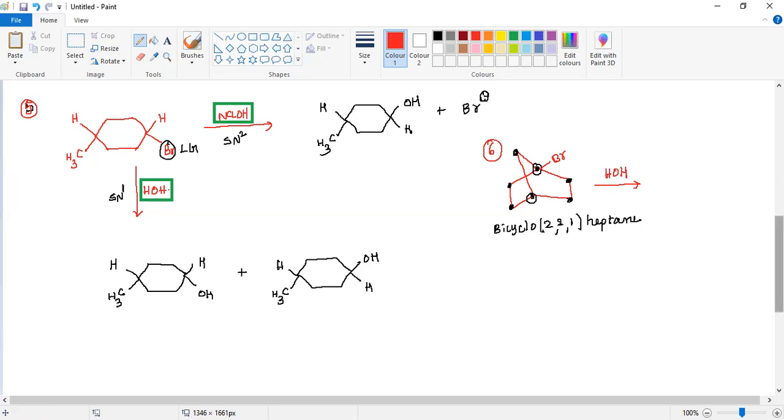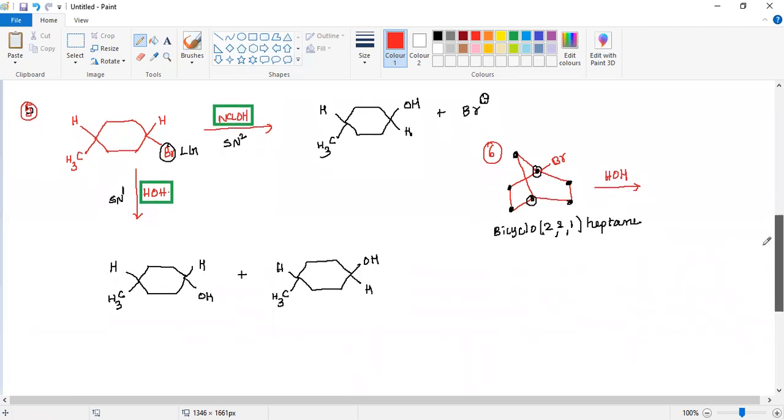Is that all? Aha, how is that possible? Whenever the halogen atom is directly attached to the bridgehead carbon, whether it is SN1 or SN2, there is no reaction. There is no reaction. Remember that one thing.